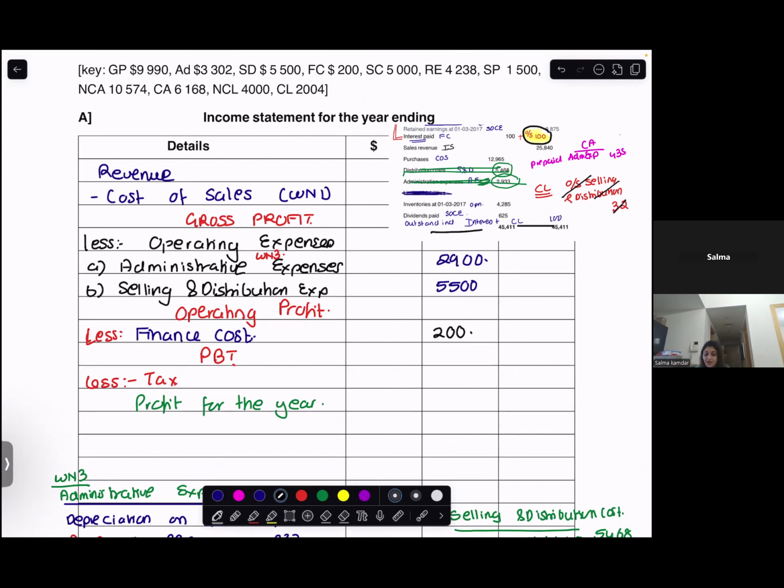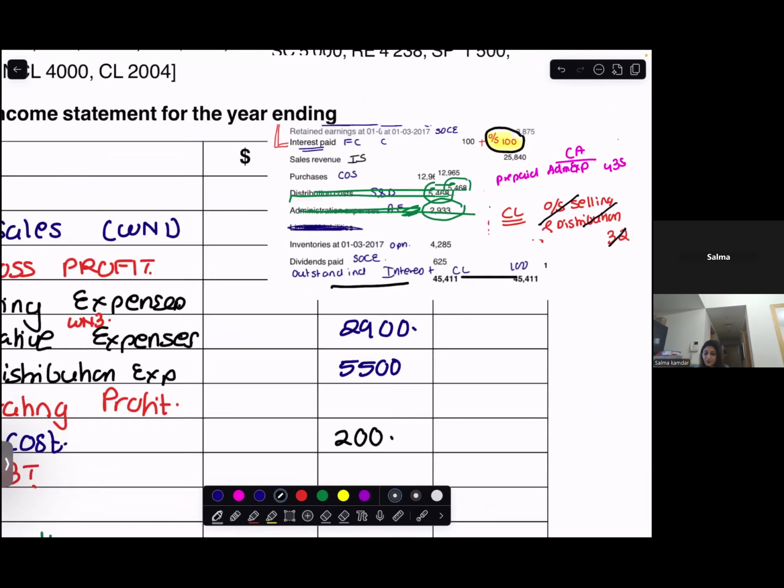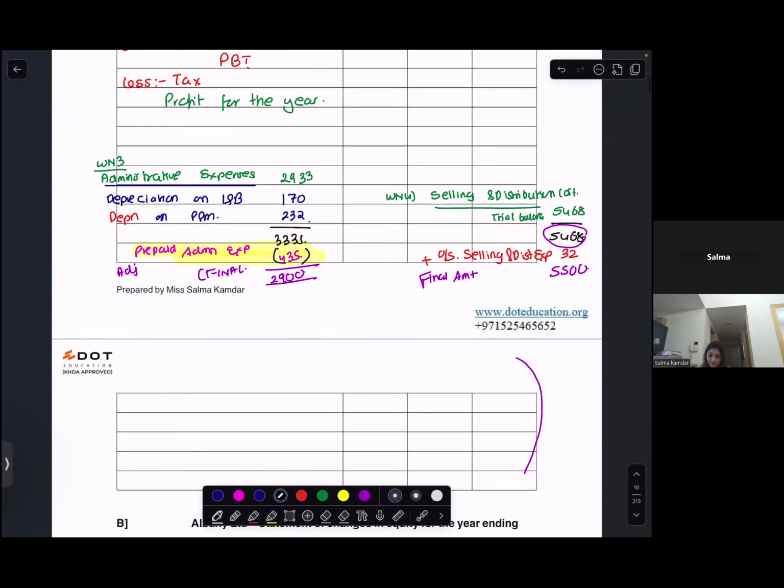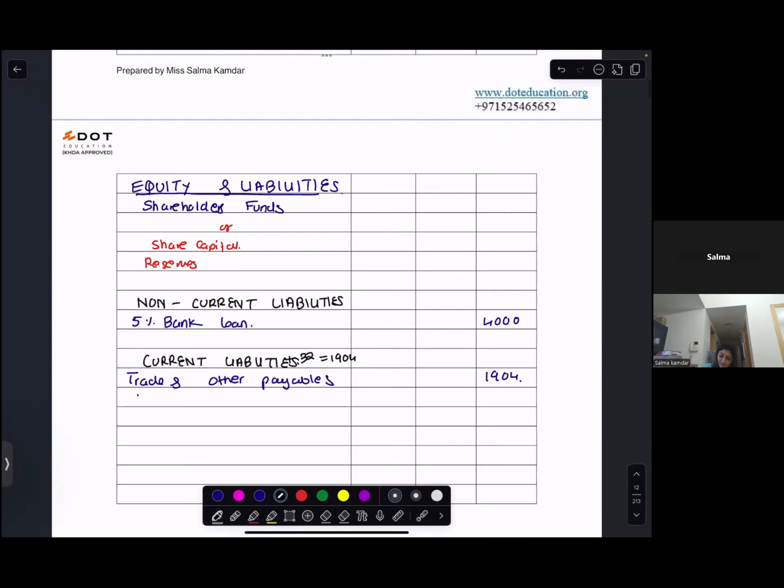Outstanding finance cost 100. So it will go in current liability. Go and write it.